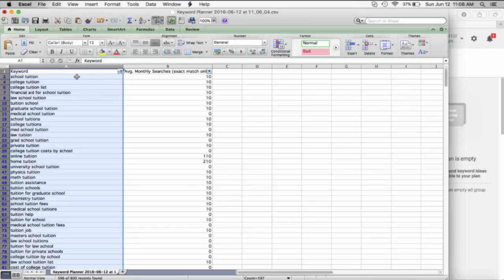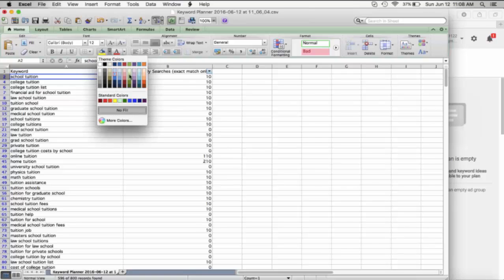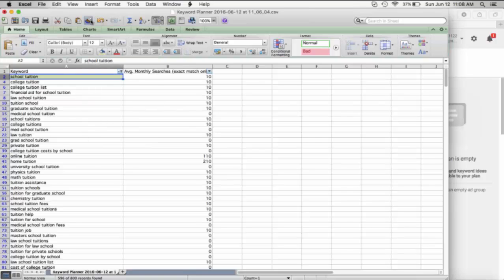School tuition. Would this be an ideal keyword? My target group is all those people who are looking for school tuitions in Hyderabad up till 10th standard. Okay, so school tuition is the right pick.